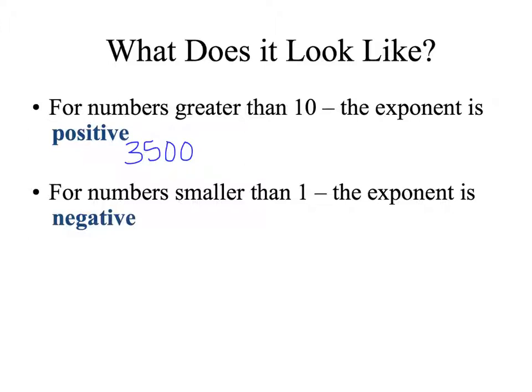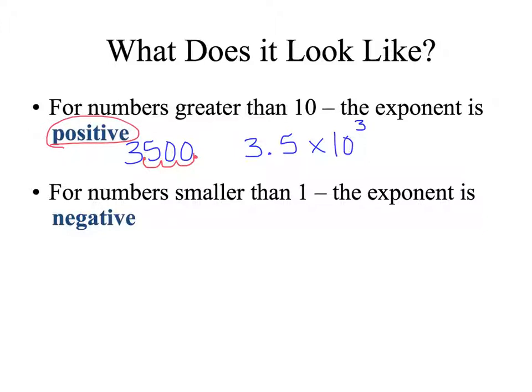So to get this to be a number between 1 and 10, I'm going to move my decimal from here at the end, even though it's not written, that's where we understand it is, 1, 2, 3 places, so it's going to end up between the 3 and the 5. So 3.5 times 10 to a power, and that power is the same number of places that I move my decimal. In this case, it's going to be a positive number because the number in standard notation is a big number. It's bigger than 10.